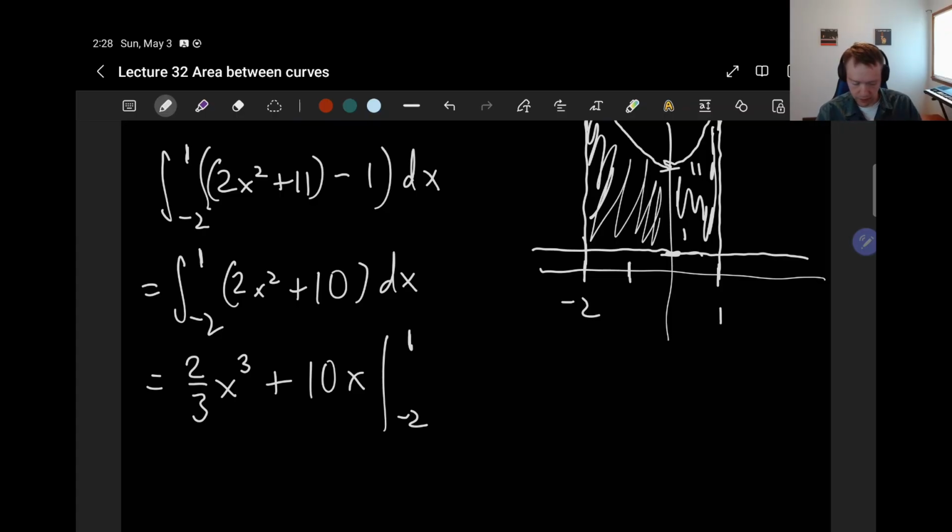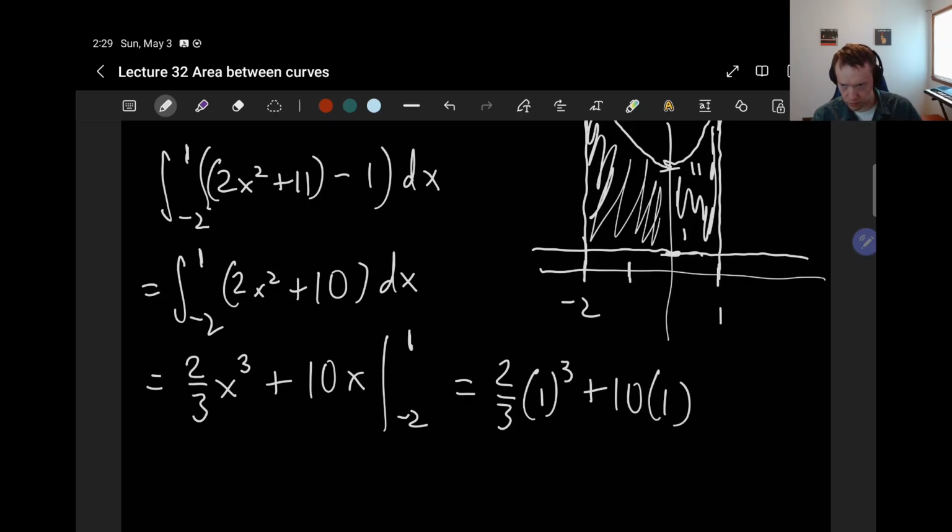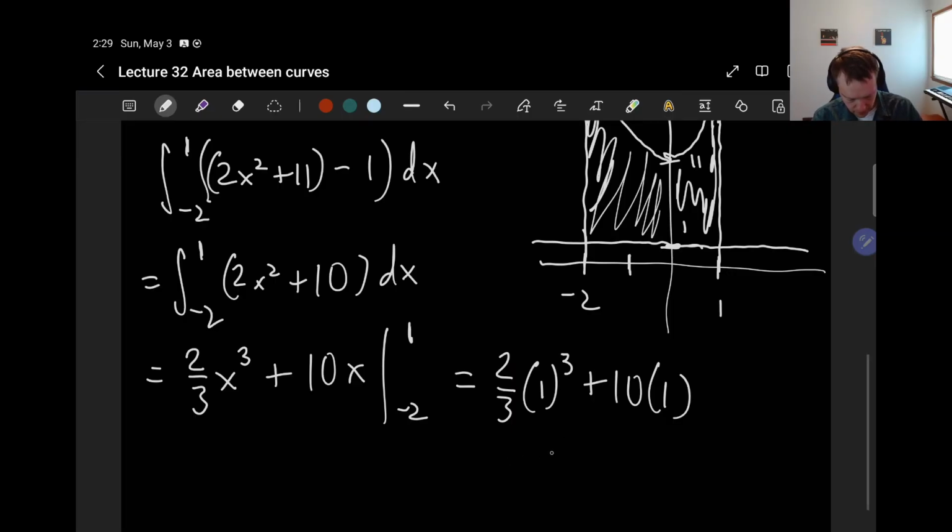You'll get the same thing. Remember, we plug in the top number first and then minus plugging in the bottom number. So 2/3 times 1 cubed plus 10 times 1. Then minus, now plugging in -2.